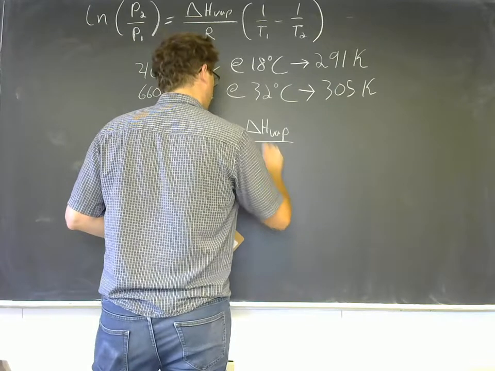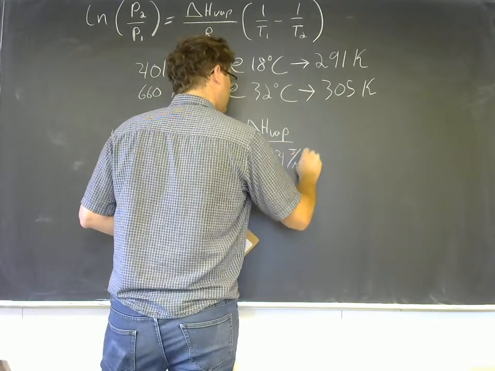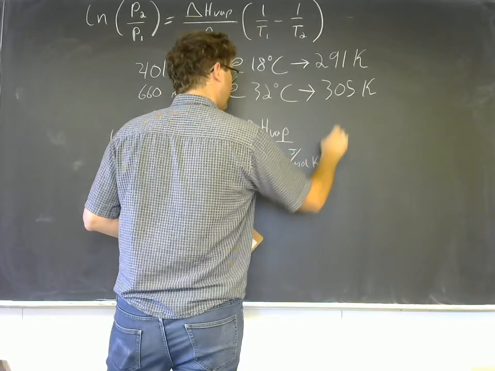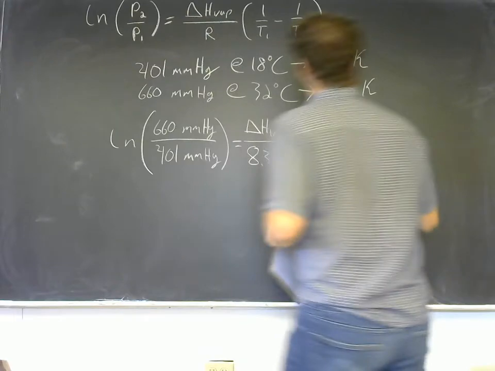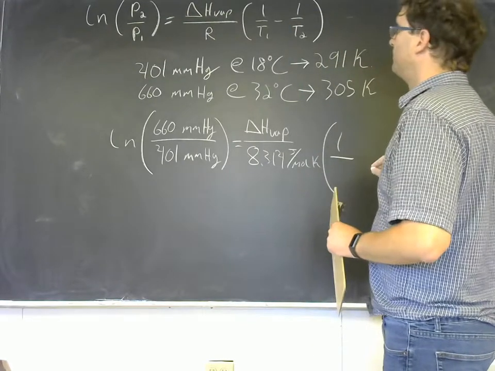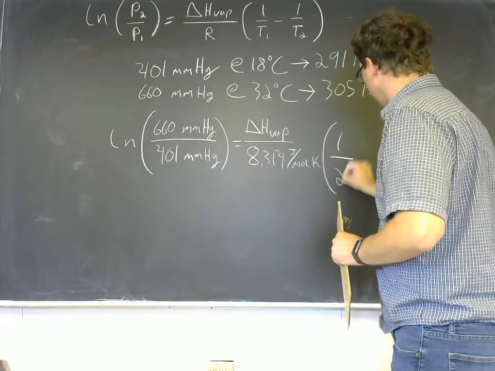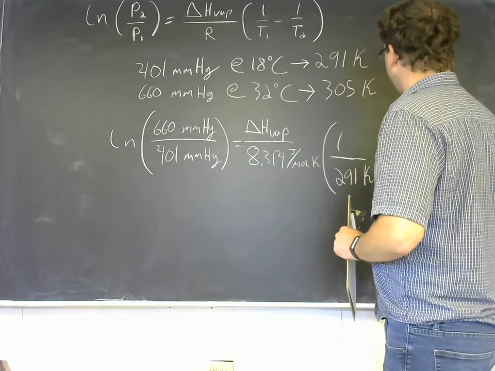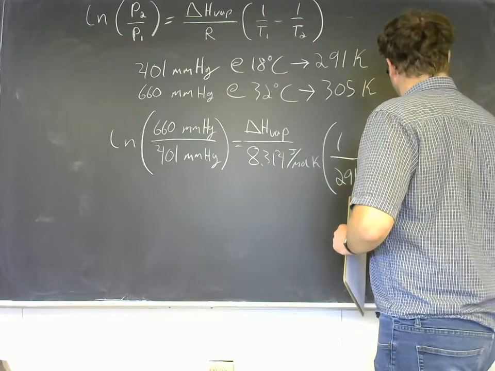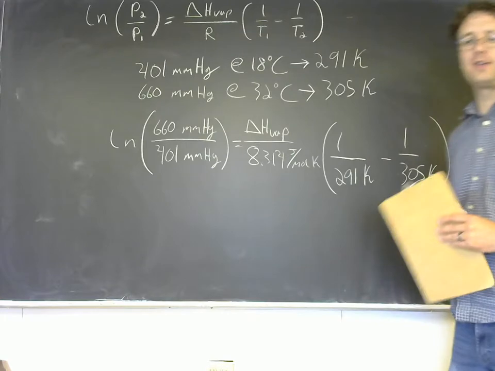Over 8.314 joules per mole Kelvin times 1 over, make sure I get this right, 291 Kelvin minus 1 over 305 Kelvin.